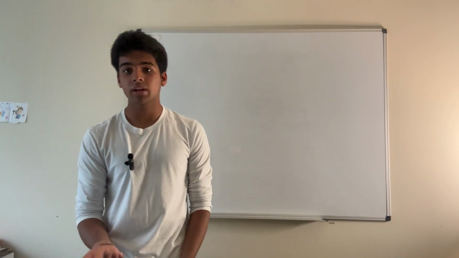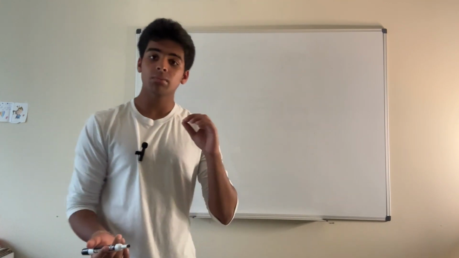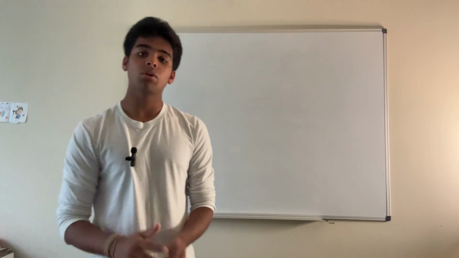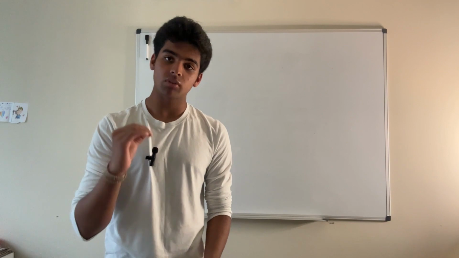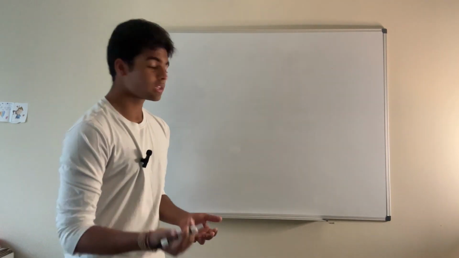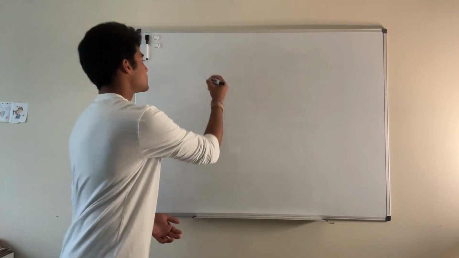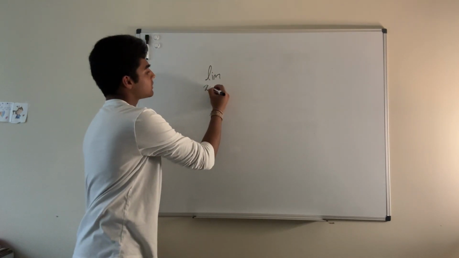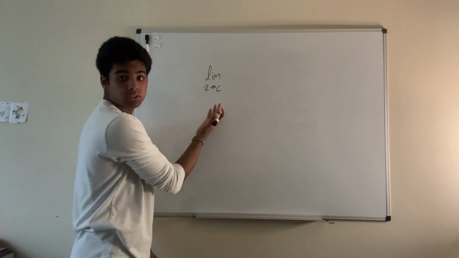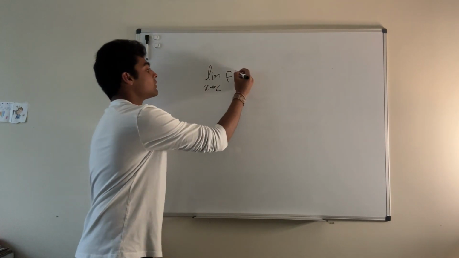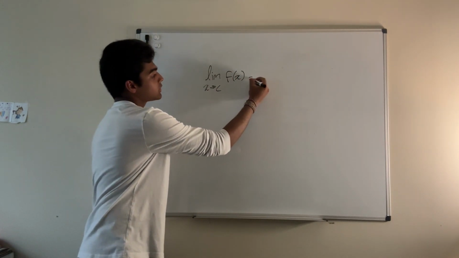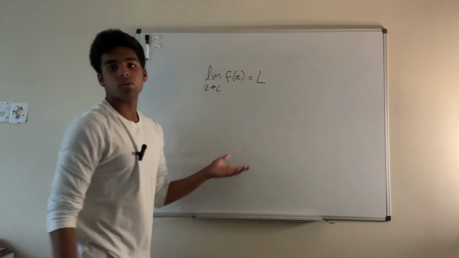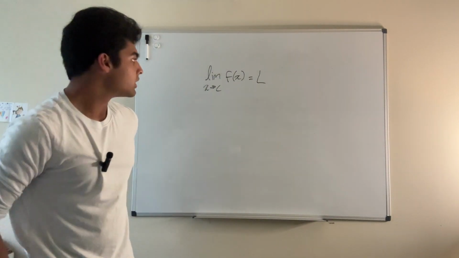Now it's important for a limit to exist, and a limit exists only when it approaches the same value from both the right and the left. Now limit notation is notated as the limit as x approaches a certain x value, c, of f of x, the function, equals L. And L is going to be your certain y value, right?